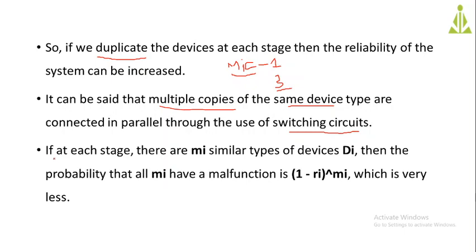Like that, if at each stage there are multiple devices of a similar type, that is D_i, then the probability that all m_i copies malfunction, with this formula, is very small: (1 - r_i) to the power m_i.